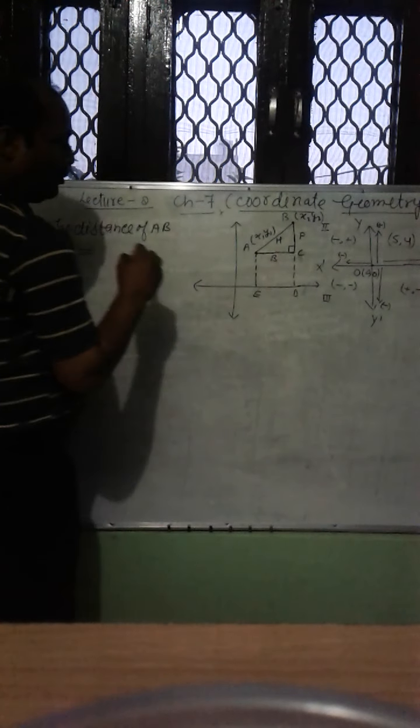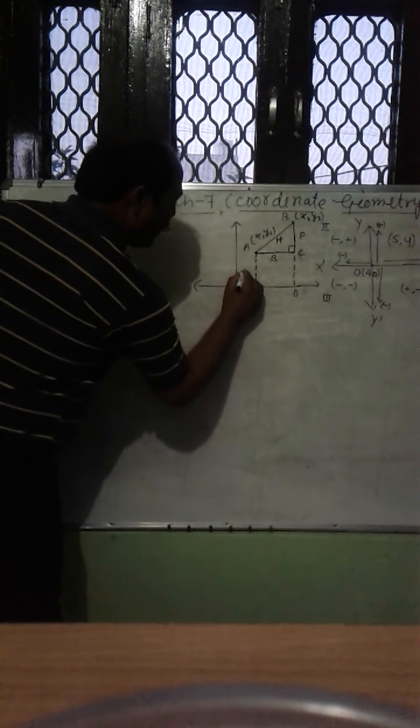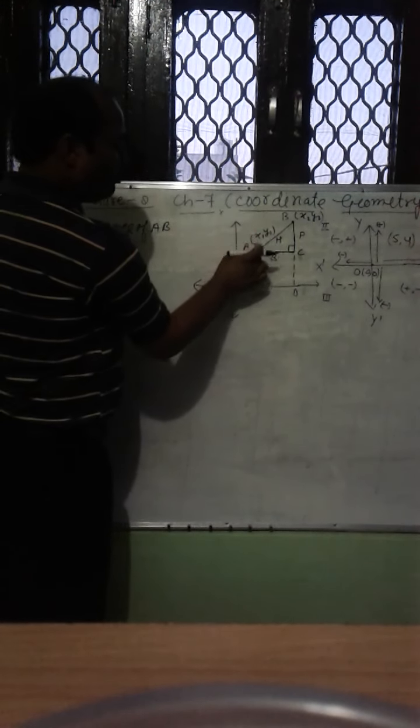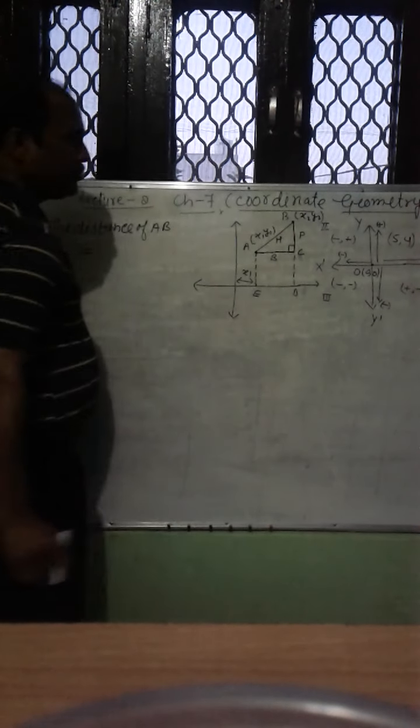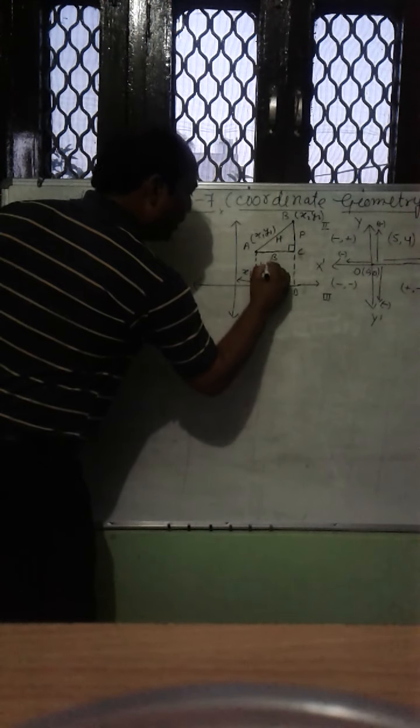Once again, this distance is x1, because the first coordinate of point A is x1, and this distance is y1.